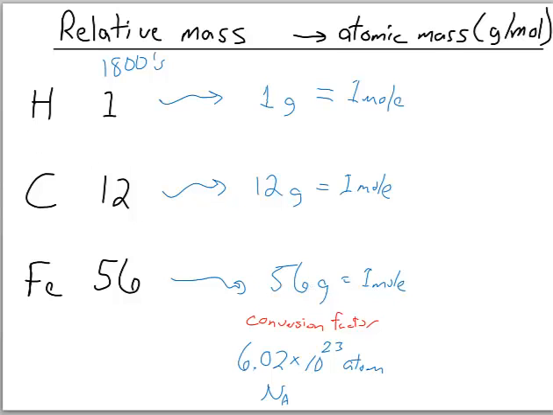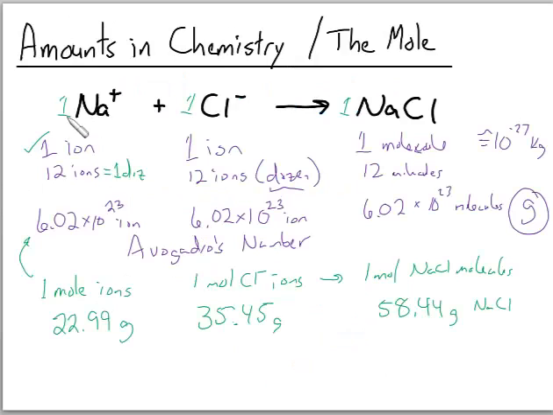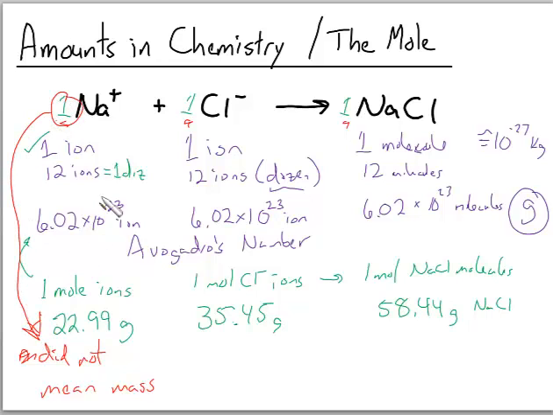Well, getting back to our chemical equation here, think about what that 1 meant. Did that 1 mean mass? No. It did not mean mass. These numbers here, just to emphasize, do not.